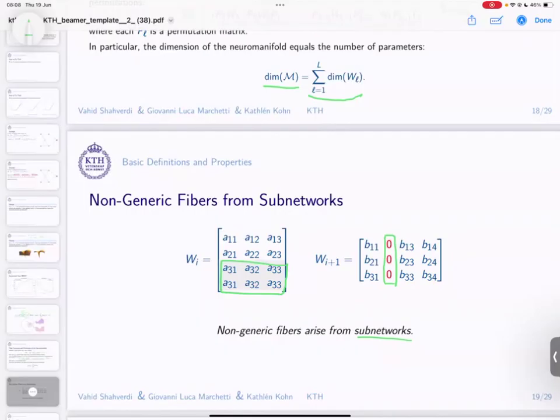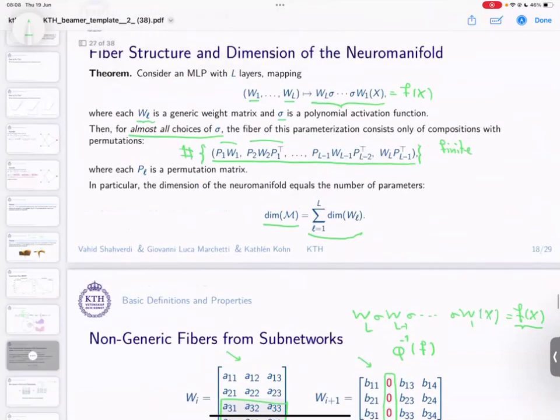And when you construct this W_L σ W_{L-1} σ ... σ W_1 X, this function corresponds to a function that you can construct with a smaller network, because I killed a neuron by doing this procedure. And if I look at the fiber of this function, the preimage of the parametrization, when I look at F, it is not going to be only these permutation things that we saw in the previous slide.